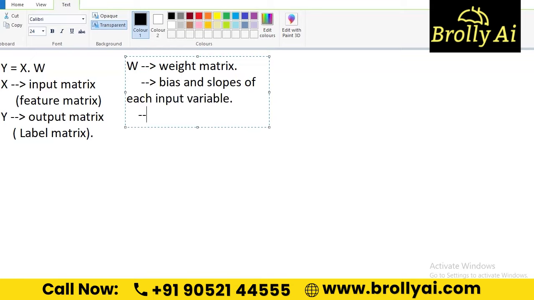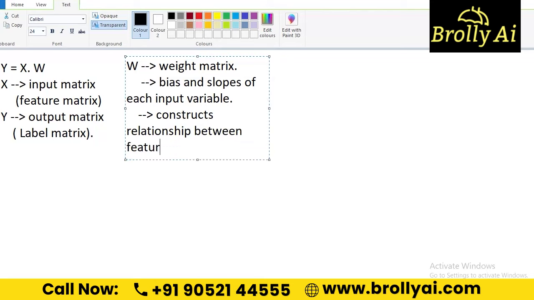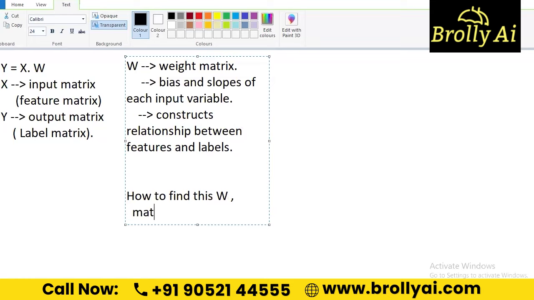So finally, this weight matrix constructs a relationship between features and labels. Then how to find this W mathematically?